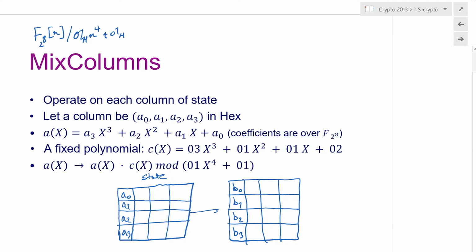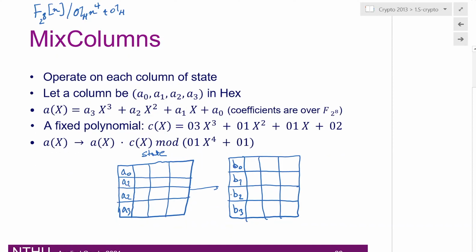And there are also other polynomials, and the way that we would do this conversion is that I would compute B of X equals to this multiplication, under this irreducible polynomial.